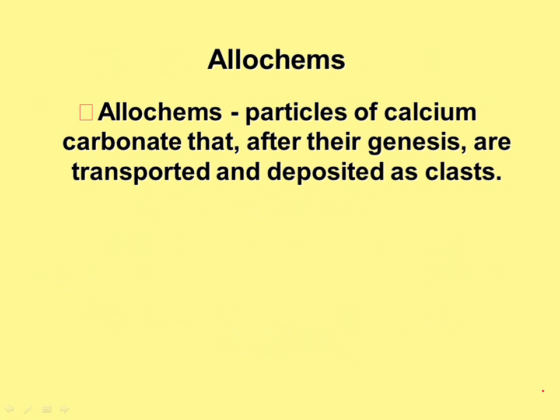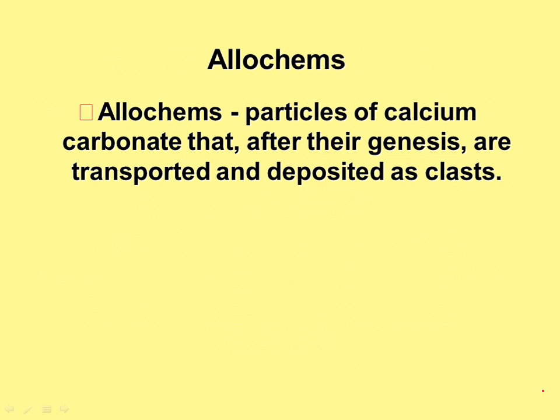Okay, so allochems. Allochems are particles of calcium carbonate that form in a variety of ways, and we'll look at the variety of ways in which they form in a minute. And after they are formed in the shallow, warm water and marine settings, they can be moved around by current activity and deposited as clasts.